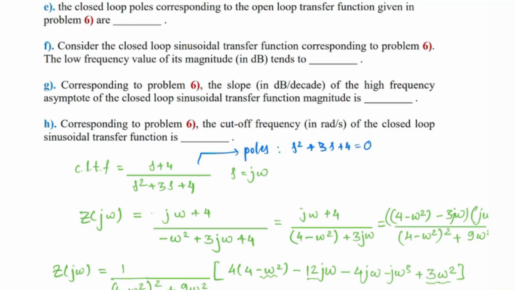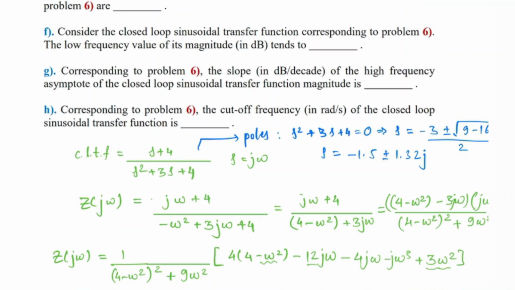So let's see, roots of this would be s equals minus 1 and, wait, hold on. Okay, so closed loop poles we have.